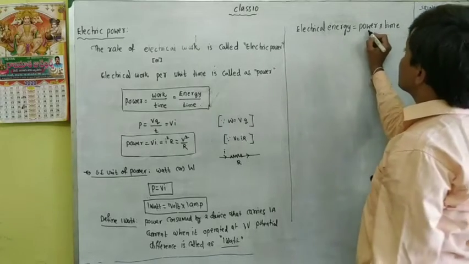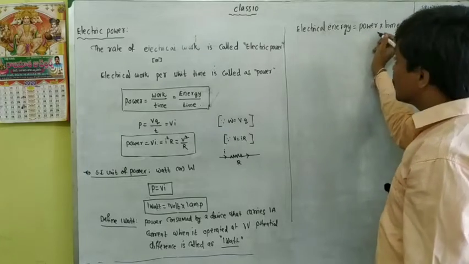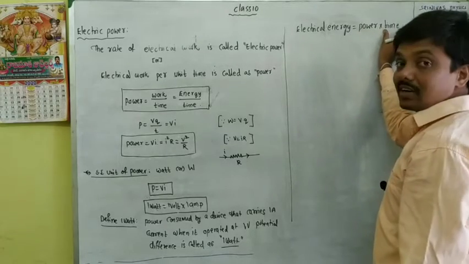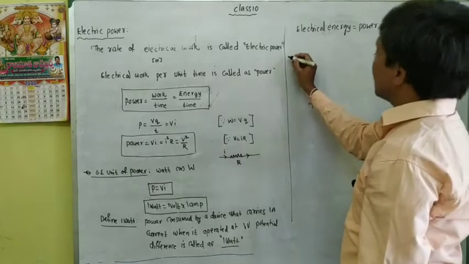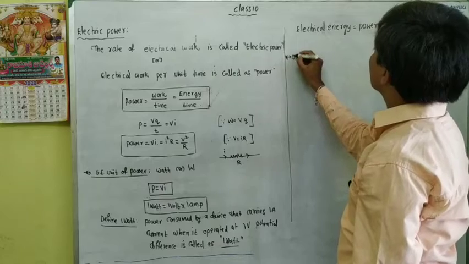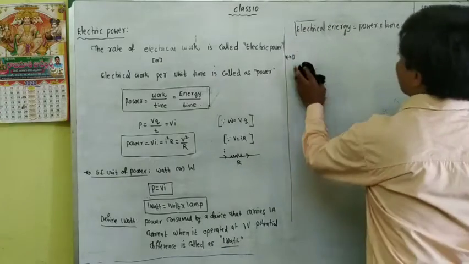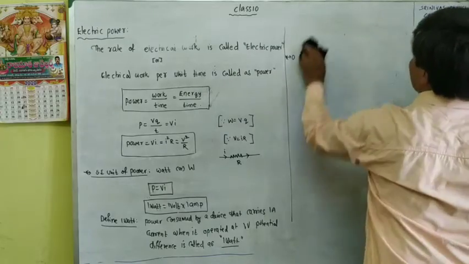From this formula, the energy unit is the power unit into the time unit. That means we take watt hour. And for high powers, we can take other units of power. First we write the other units of power, later we write the electrical energy.